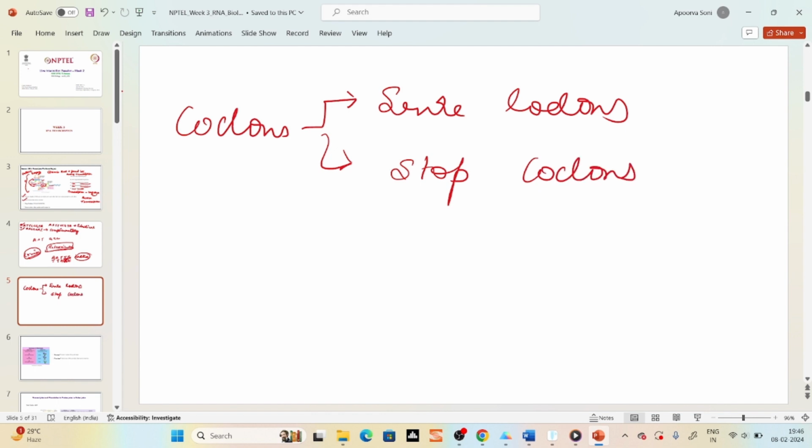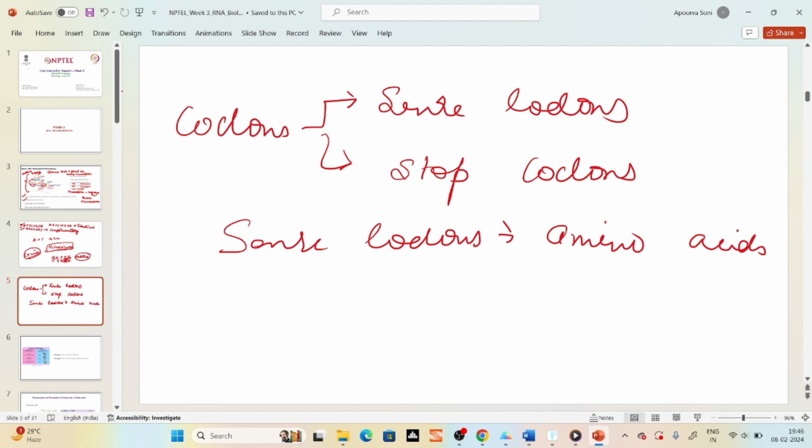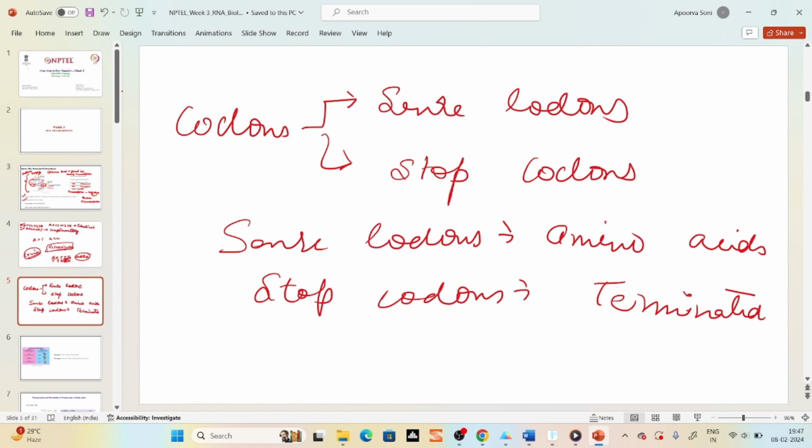Sense codons means that they make some sense, and with respect to molecular biology, that sense is making an amino acid. So sense codons are the codons that code for an amino acid, whereas stop codons give a signal so that translation is terminated, translation is stopped.